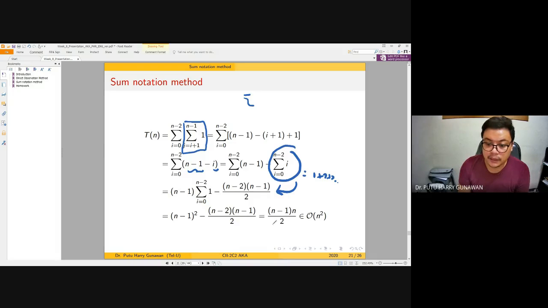Finally, this will be something like n minus 1 squared minus the sum of i. You can try to find this by yourself.